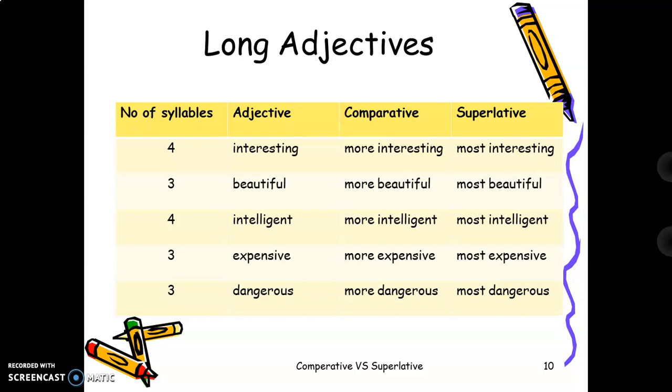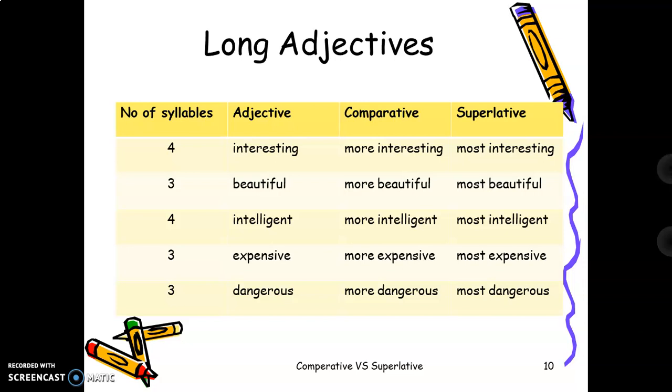Number of syllables, four in intelligent, so we put in the comparative more intelligent, and in the superlative most intelligent. Don't forget that in the comparative we put than. We have to put than after the adjective.